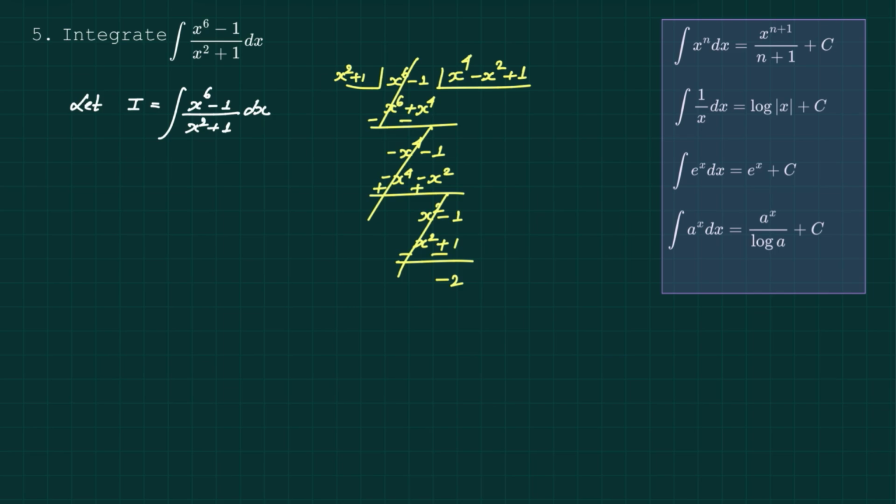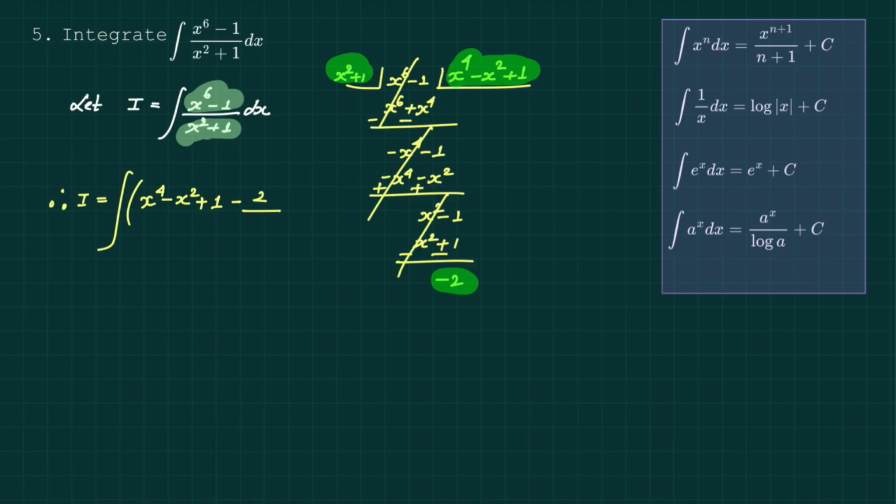That means if I divide x to the power 6 minus 1 with x squared plus 1, then this function I can be written as the integration of the quotient, that is x to the power 4 minus x squared plus 1, and the remainder, that is minus 2 over x squared plus 1, closing the bracket, dx.